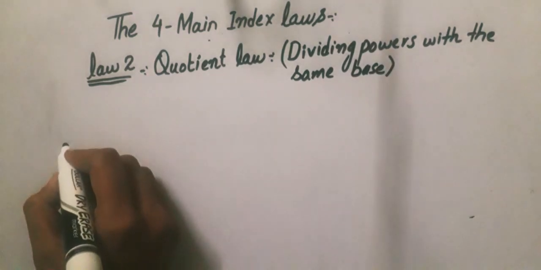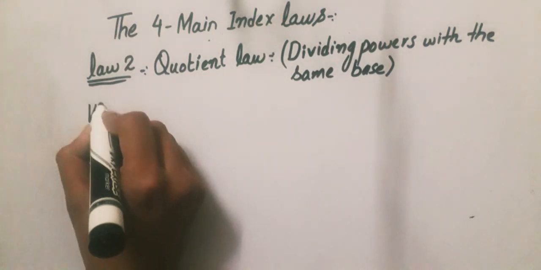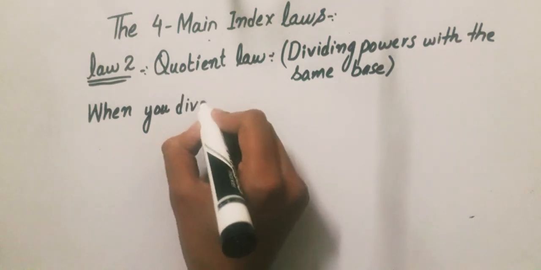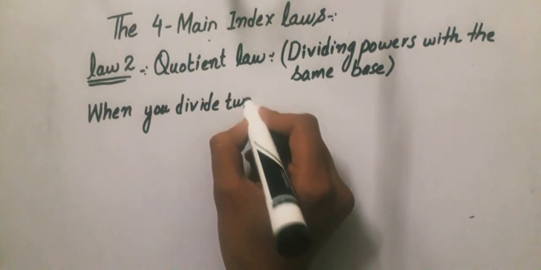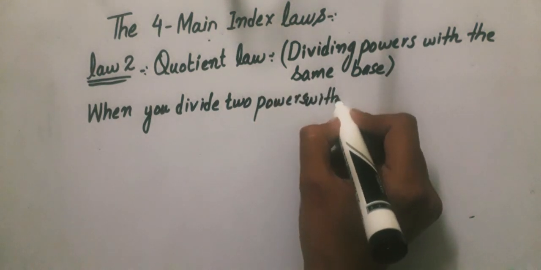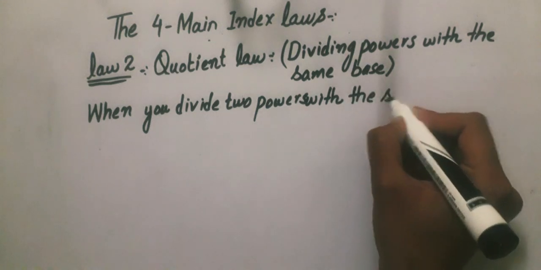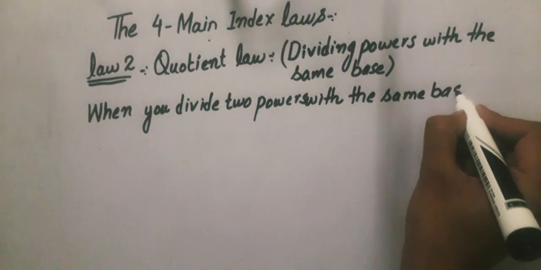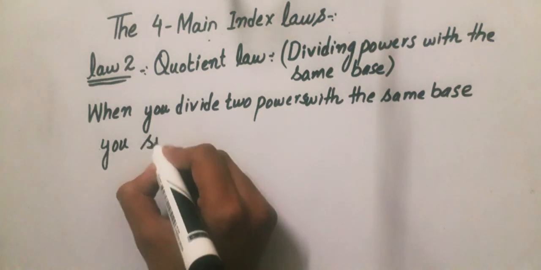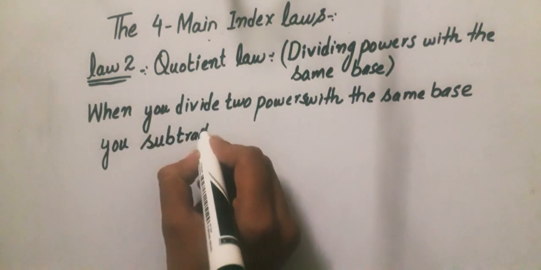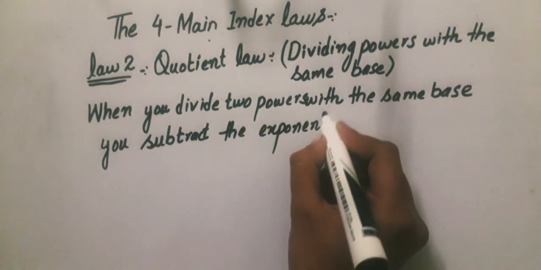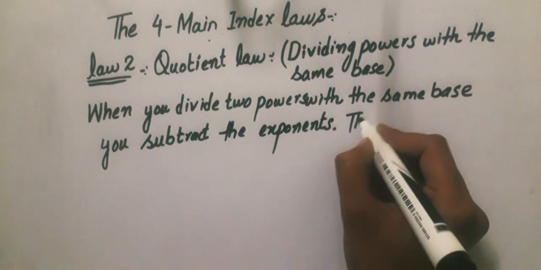First of all, we will write the definition of this law, that is, when you divide two powers with the same base, you subtract the exponents. This is the quotient law.